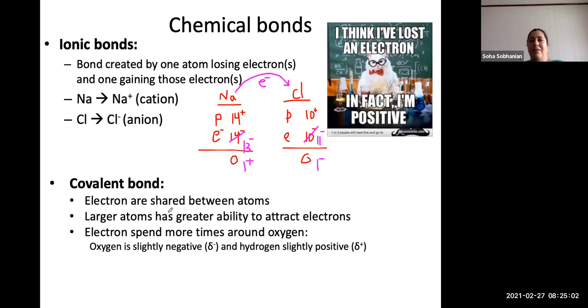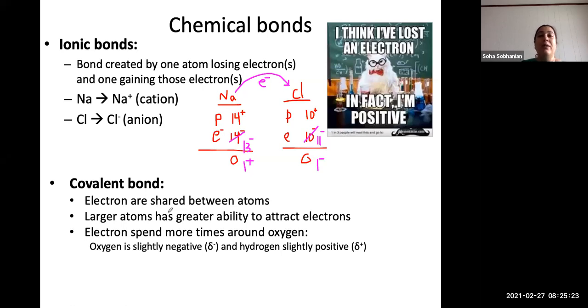So when we're looking at your ionic bond, it is loss and gain of electrons, right? Covalent bond, which is another type of bond that we have, is where the electron of one atom is not completely lost.